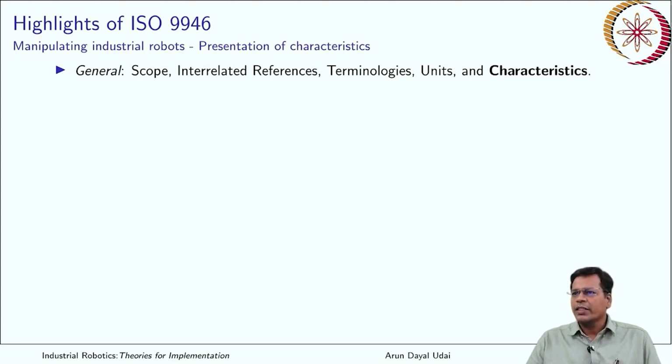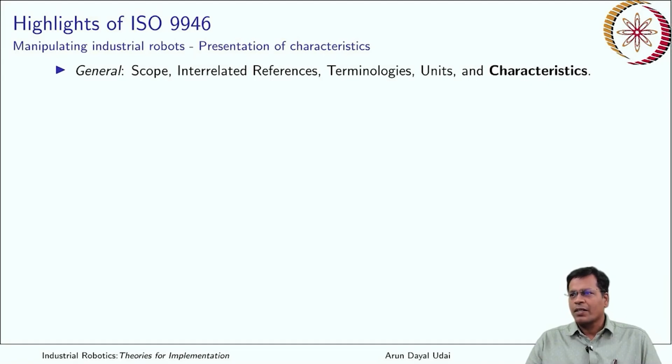This is a standard that says manipulating industrial robots, presentation of characteristics. In general, for a novice, any standard of this kind normally explains its scope at the beginning of the document, along with interrelated references, without which you cannot fully define this particular ISO.